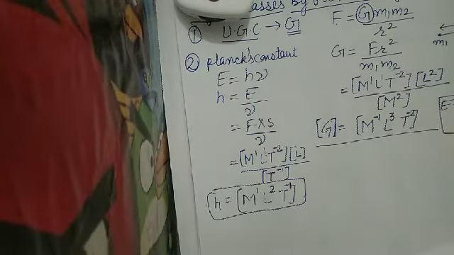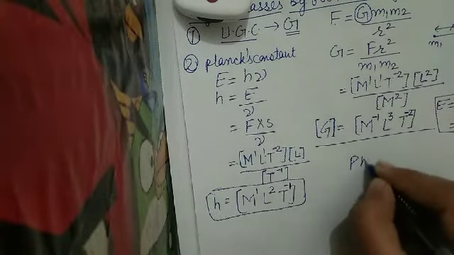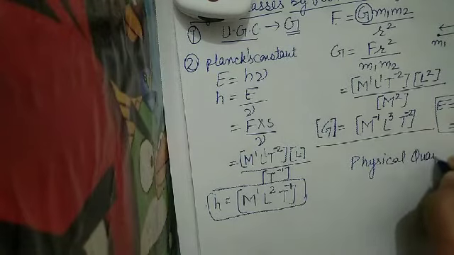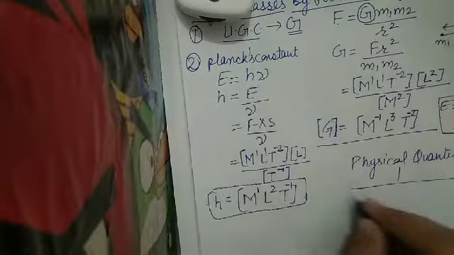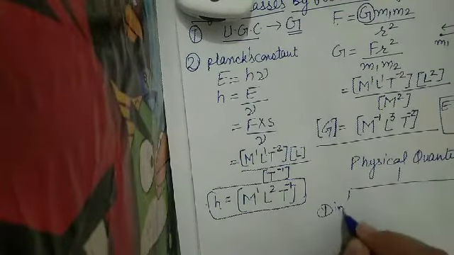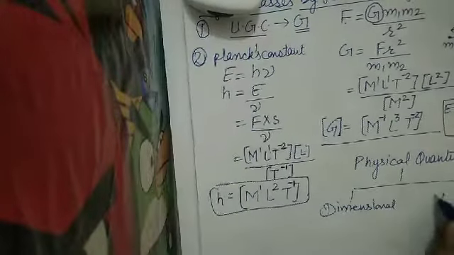On the basis of dimension, I can divide physical quantities broadly into two categories. The first one is dimensional and the second one is dimensionless.